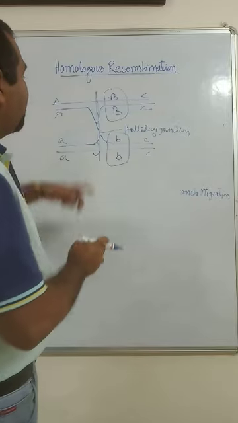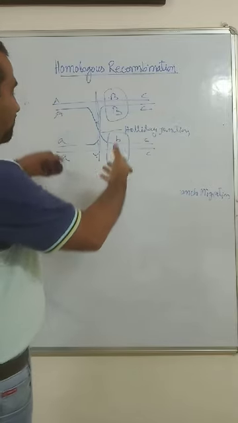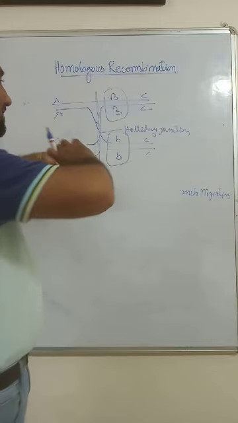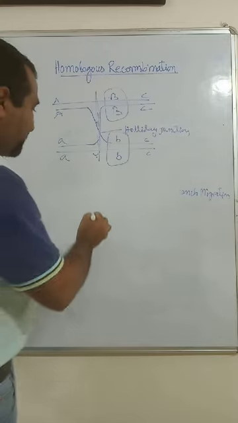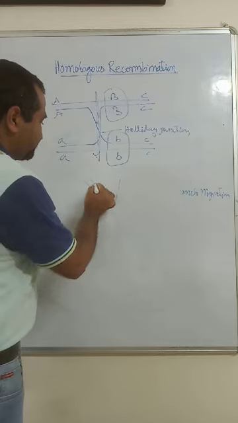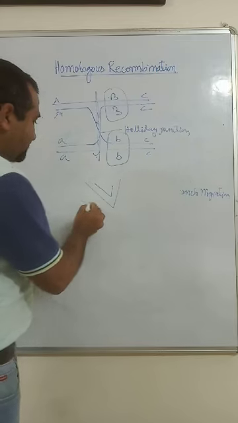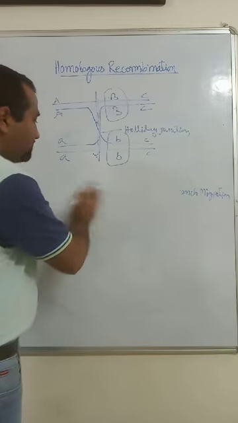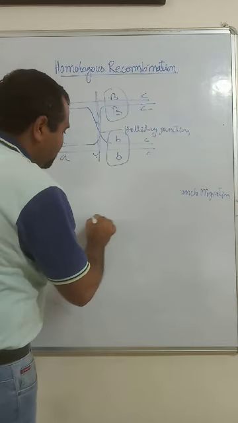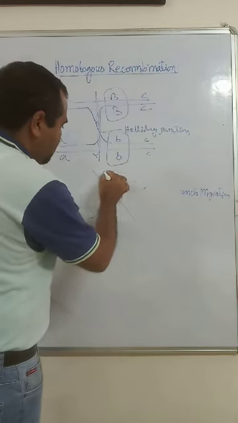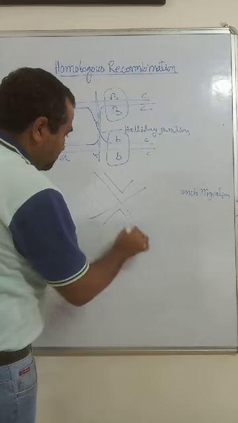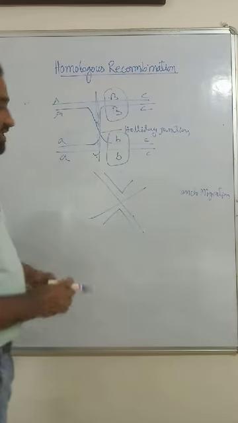And another way is that when these chromosomes get turned in such a way that we have only this type of arrangement.